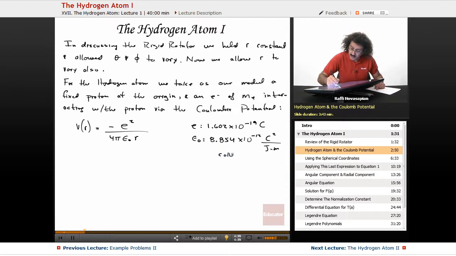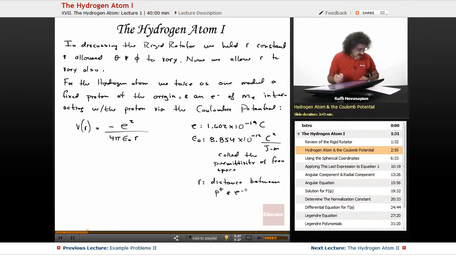It's called, as I said, the permittivity of free space. And r is the distance between the proton and the electron.